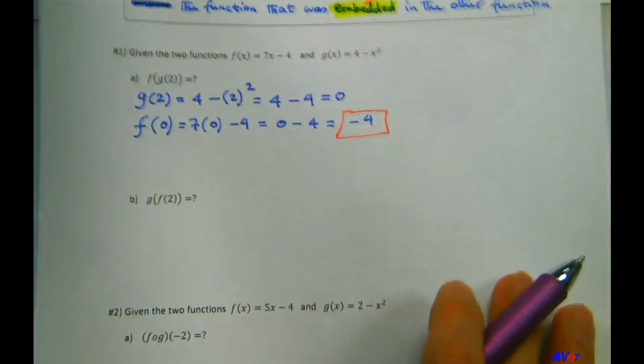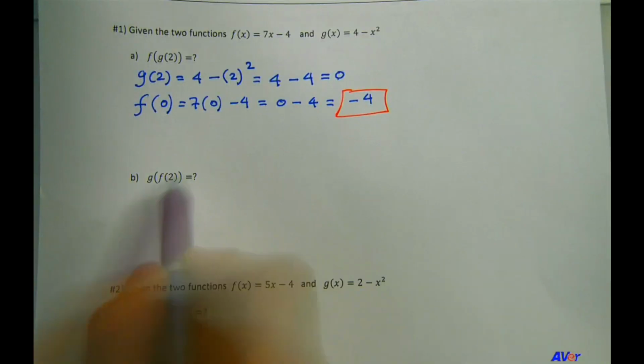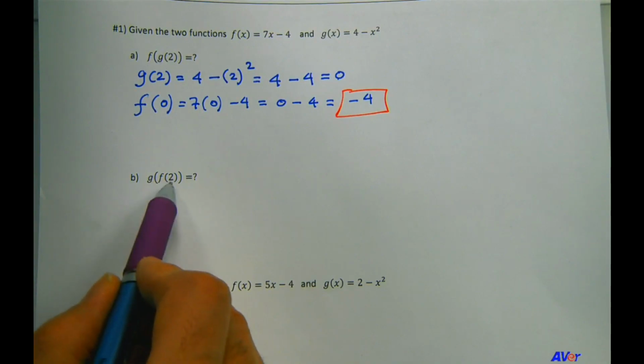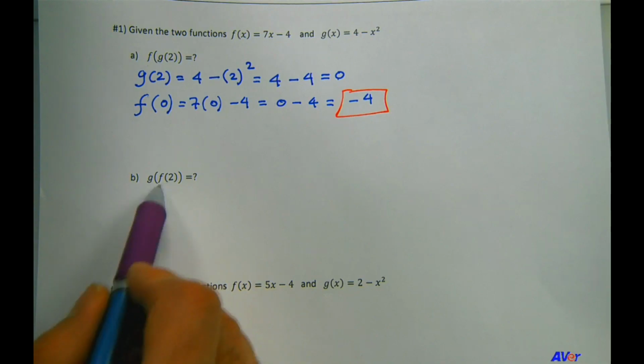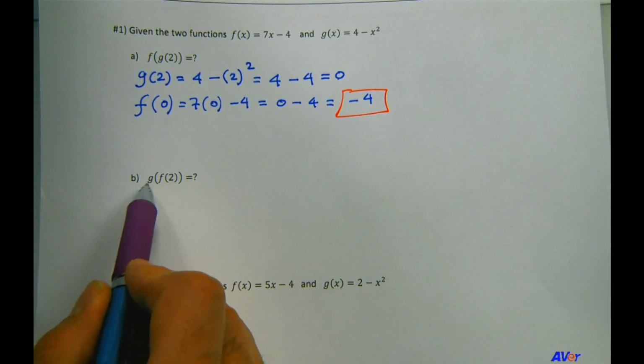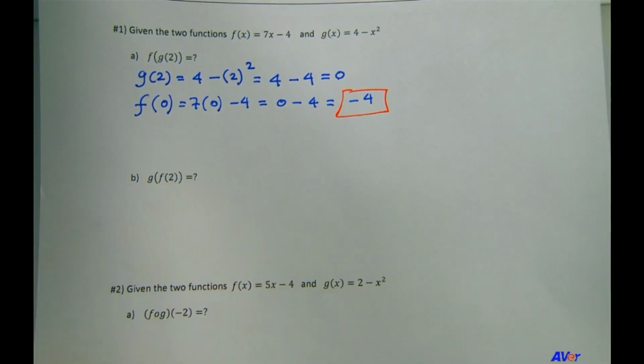Now here, they're asking us to take the composition of G and F at 2. At 2. So what does this mean? That means evaluate function f at 2, whatever the result, embed it inside G and calculate the final answer.